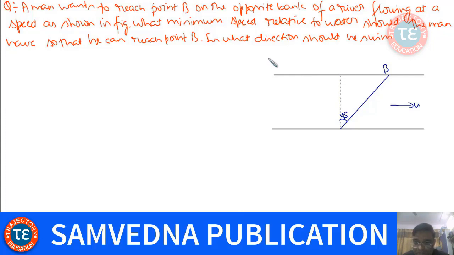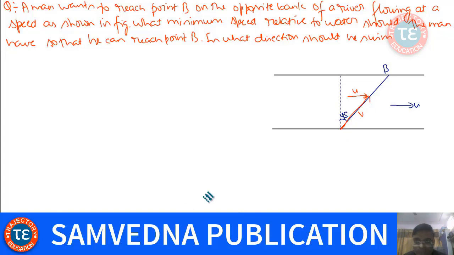So the net velocity of the man will be his own velocity with respect to the stream, plus the velocity of the stream which he is going to inherit, and that net velocity should lie in this direction. The velocity of the stream is u, and this is the net velocity of the man, and that should be in this direction.